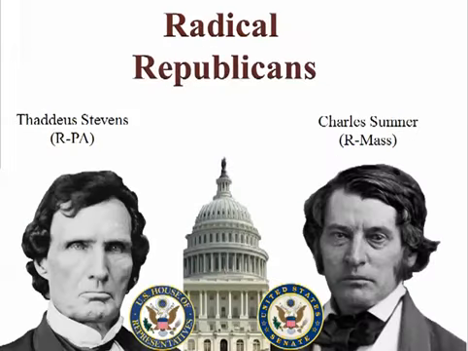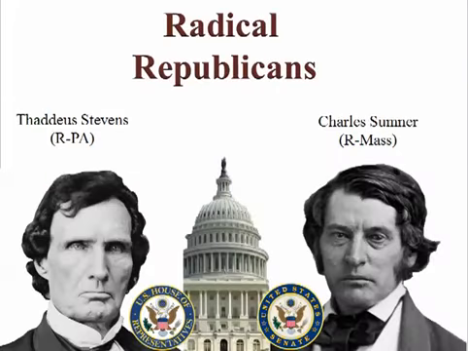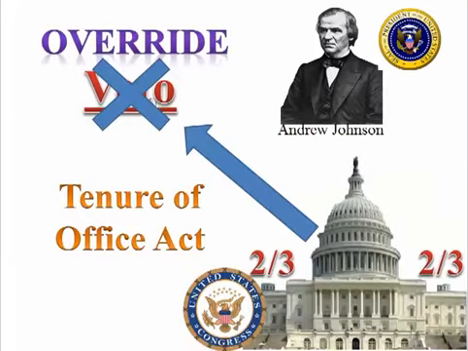So these guys were behind this law. Johnson vetoes this Tenure of Office Act, and then these two guys in Congress overrode his veto. Again, checks and balances: you have to have a 2/3 vote in each house, the House and the Senate, to override a presidential veto.